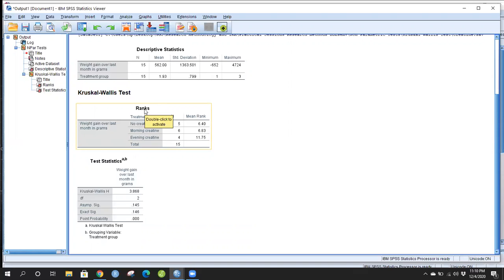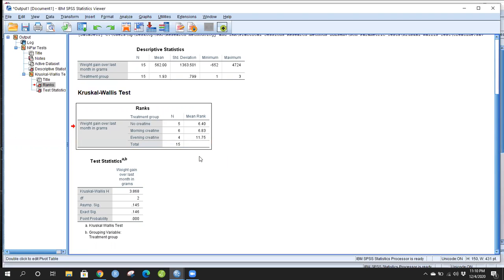As against the means in ANOVA, it works out a mean rank for all three groups. The no creatine group, people who did not take this supplement, had a mean rank of 6.4. The ones who took it in the morning had 6.83. The evening ones had a higher mean rank, 11.75.